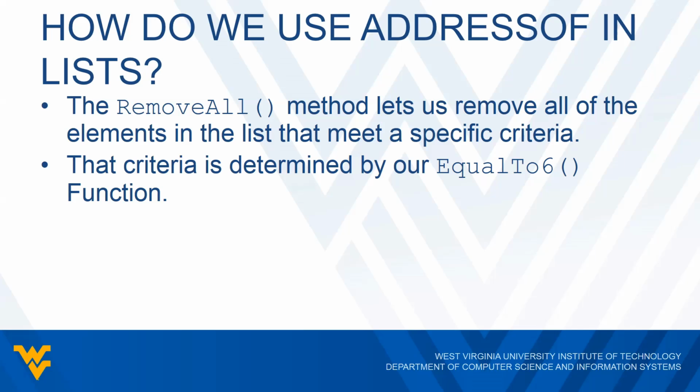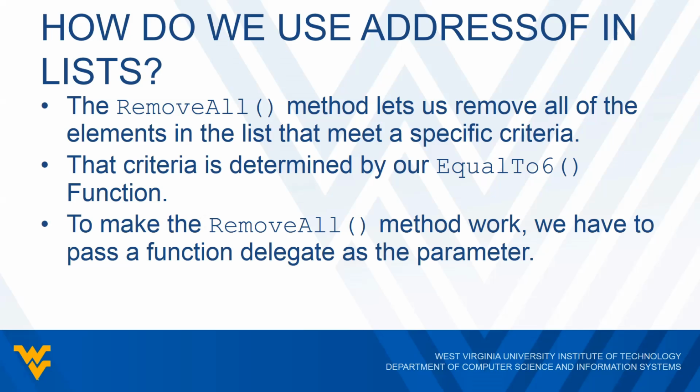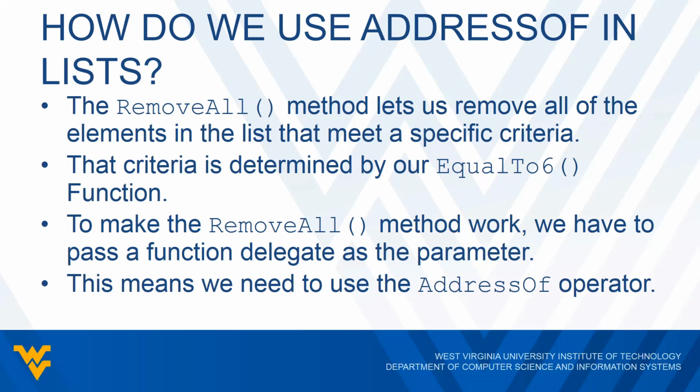And if it's true, then according to the RemoveAll method, we need to remove that particular item. So if we're going to make the RemoveAll method work, it actually requires a function delegate as a parameter. Not the list, because we're invoking on the list, but the argument has to be a function delegate. In order to use a function delegate, we have to use the AddressOf operator. There's no other option.